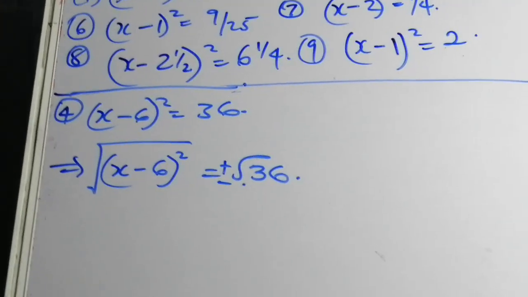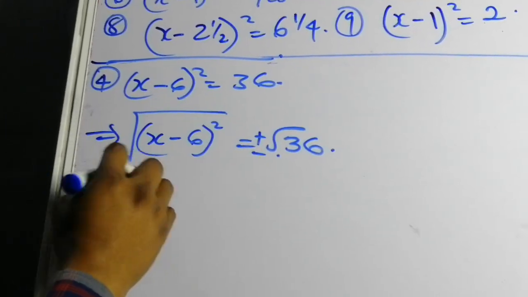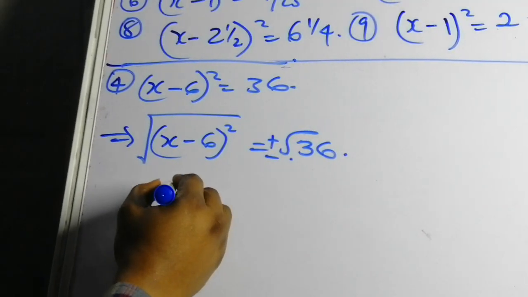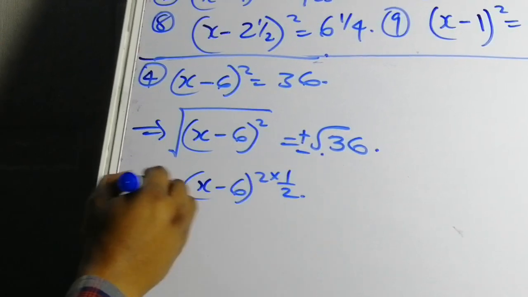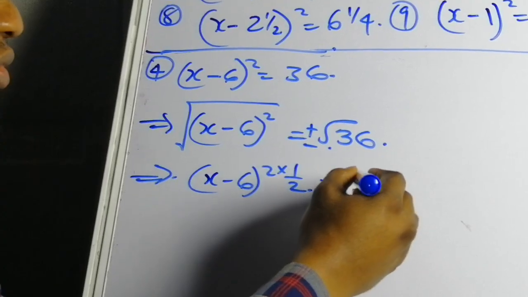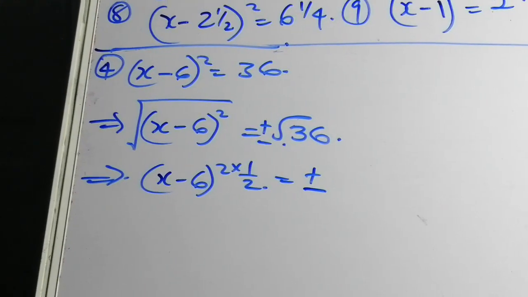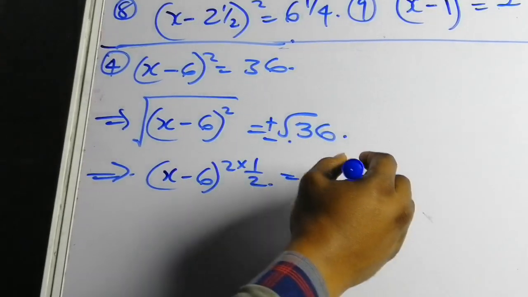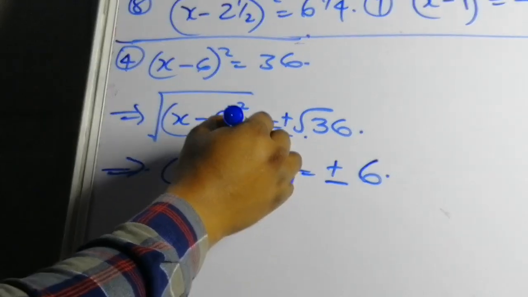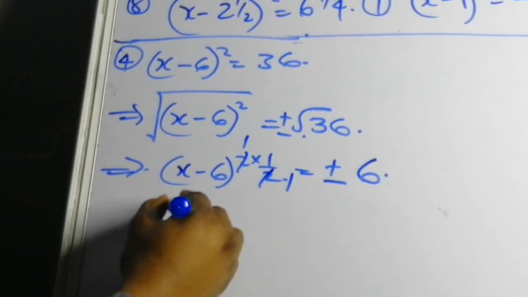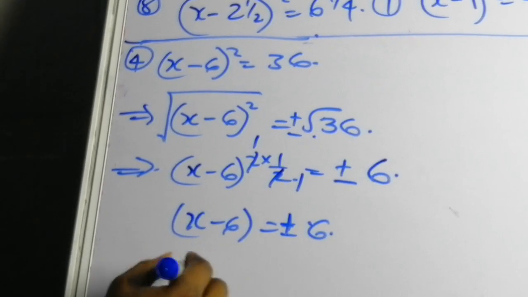So now this is straightforward. If you look at it very well, x minus 6 is a perfect square now. The square root of 36 is what? That is 6, 6 times 6 is 36. So x minus 6 equals plus or minus 6.